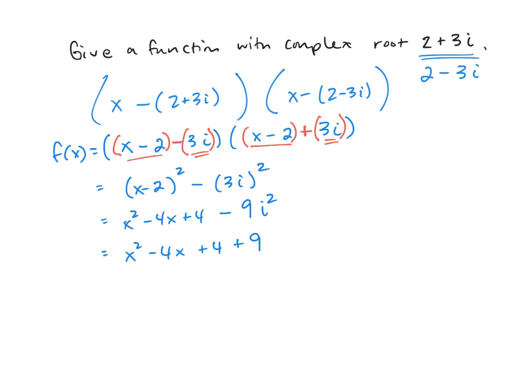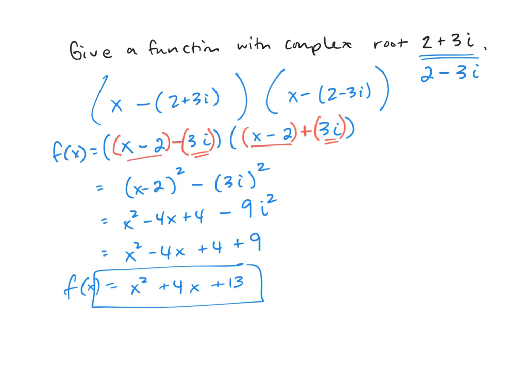So this becomes a plus 9. And on my last step of simplifying, and boom, there we go. If I were to go back into the quadratic formula now, the result of the quadratic formula for this equation would be right there. And that is the function for which one of my complex roots is 2 plus 3i. All right.